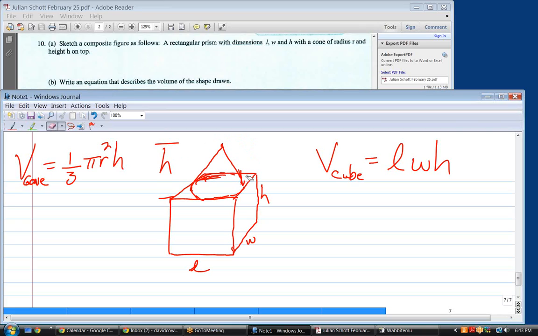And incidentally, that's true whether it's cylinders or triangular pyramids. If they go to a point, the difference between their volume and a rectangular solid is 1/3. If you take something to a point in the center, you lose 2/3 of what the volume would have been.